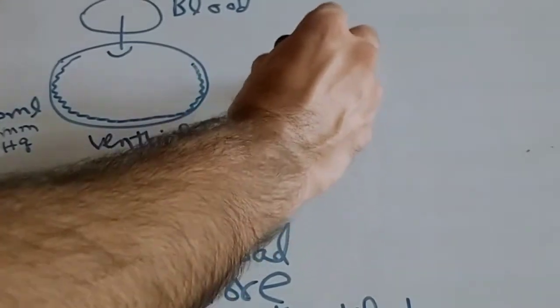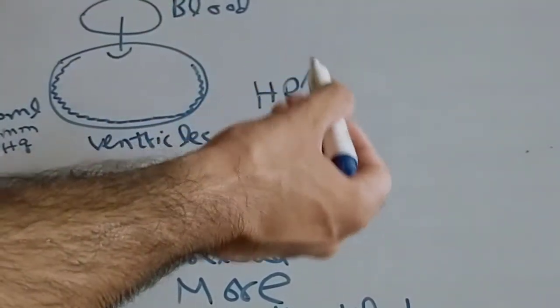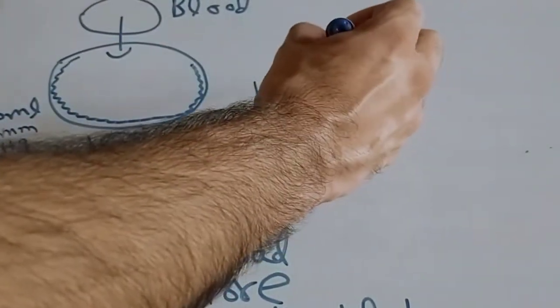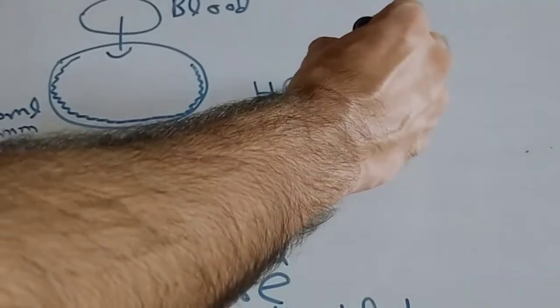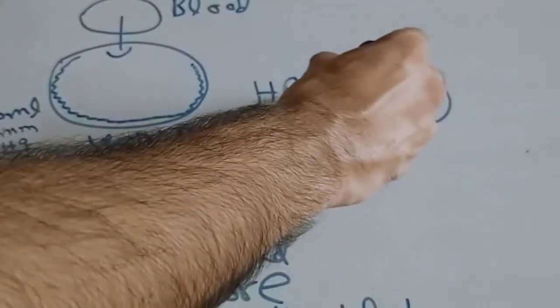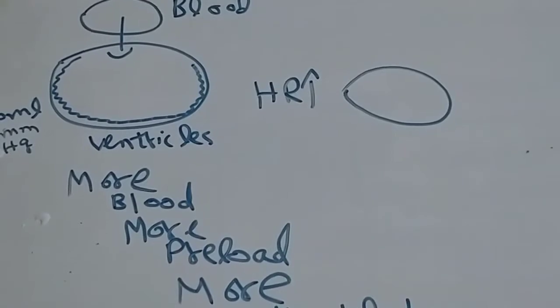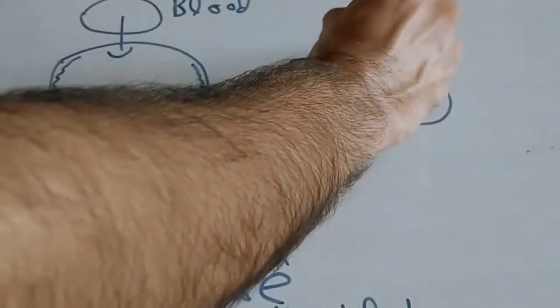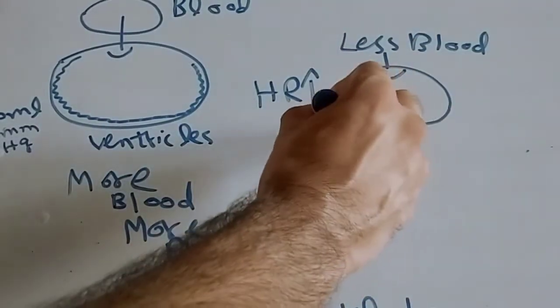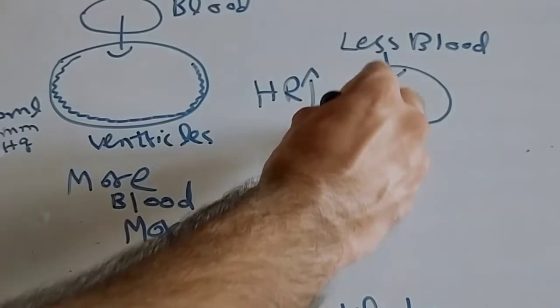If the heart rate is greater, there is more heartbeat, so definitely the diastole would be less, and there would be less time available for the ventricles to relax, so less blood would come into the ventricles, so ultimately the preload would be less.